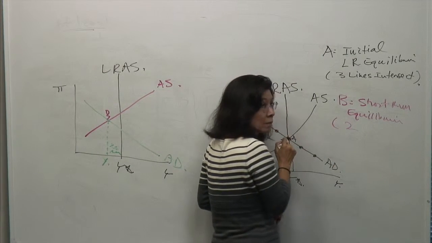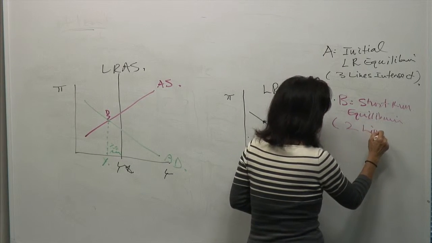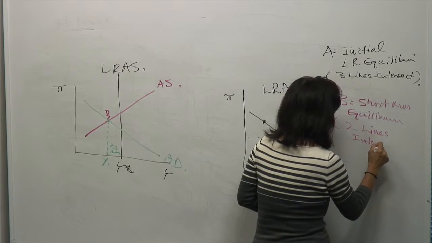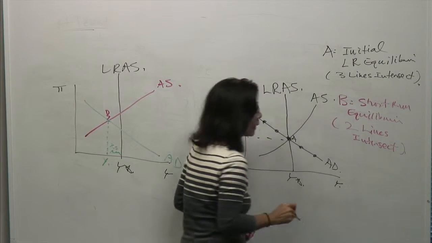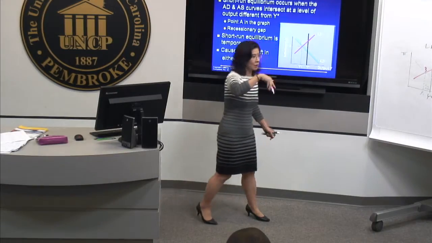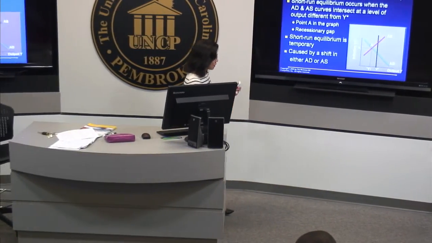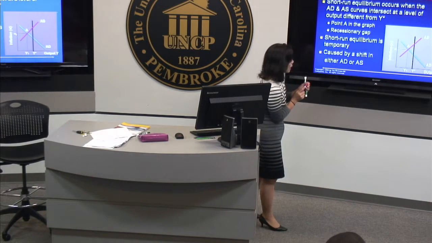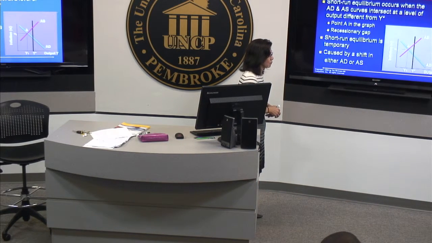Okay, I'm gonna write, to emphasize it, two lines intersect. And usually the two lines are only aggregate demand and aggregate supply, not your vertical line, because that's your long run equilibrium.